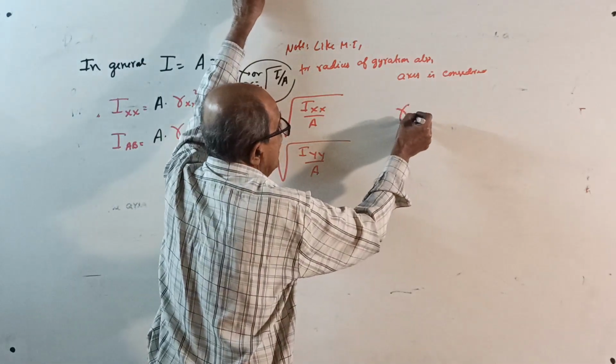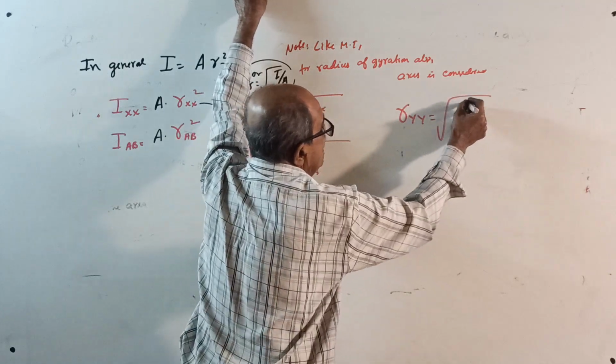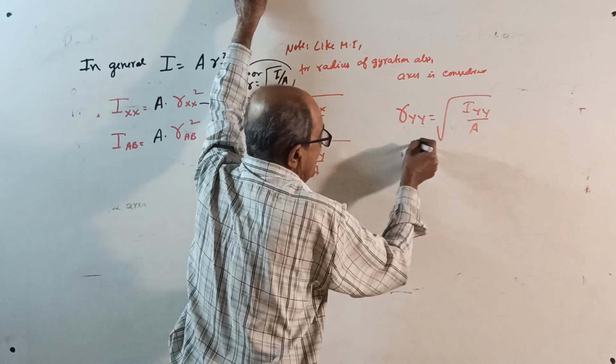Later, suppose you want R about yy, it is root of I about yy divided by area, etc.